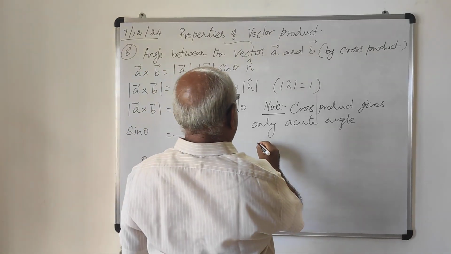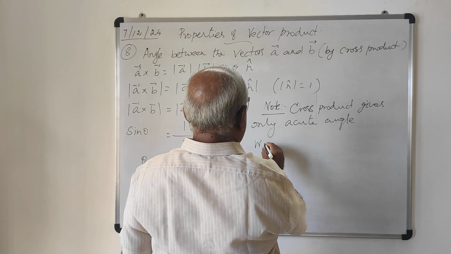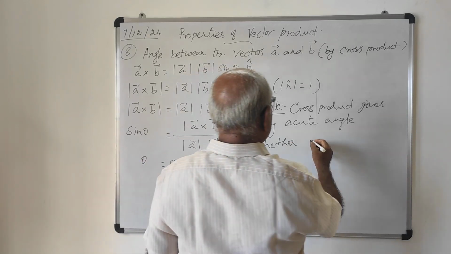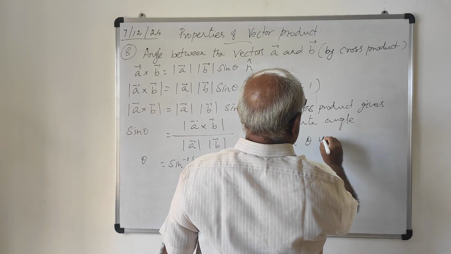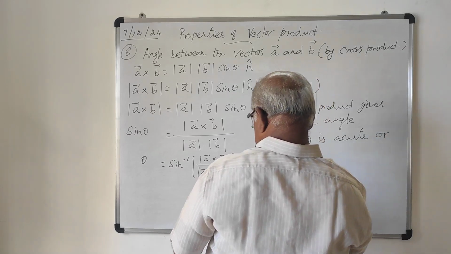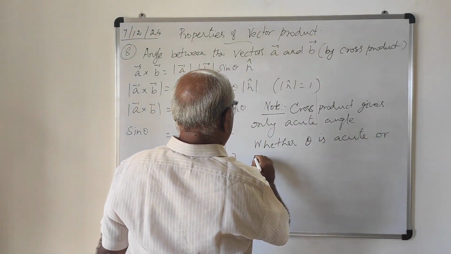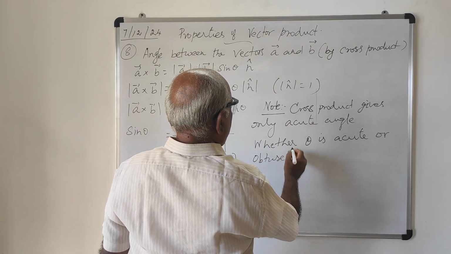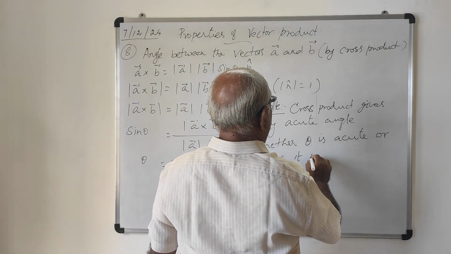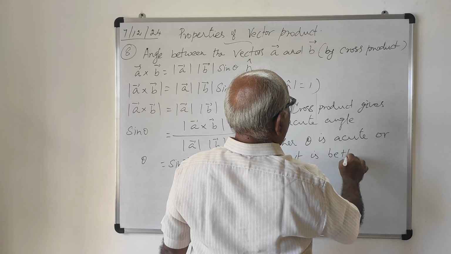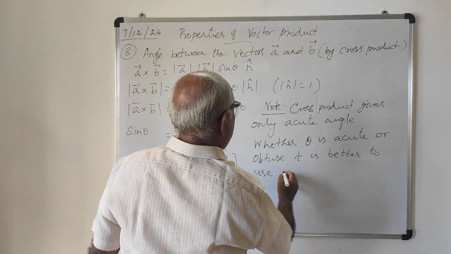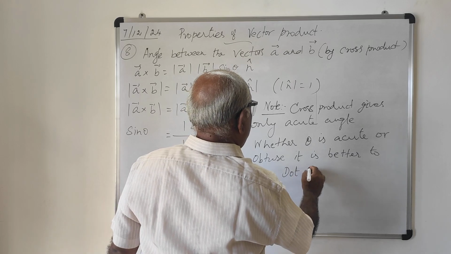So whether theta is acute or obtuse, it is better to use dot product formula.